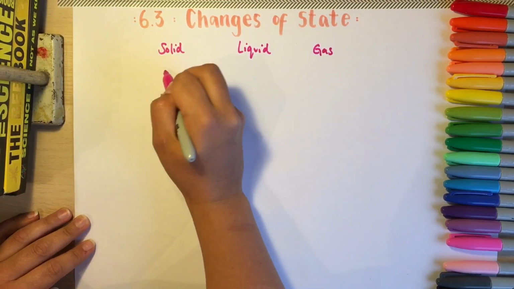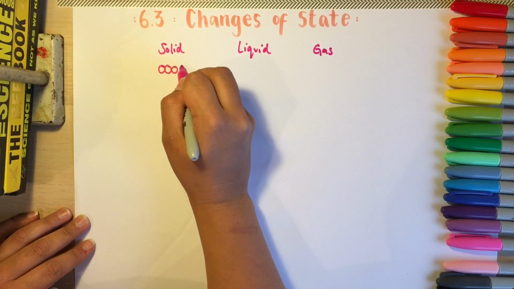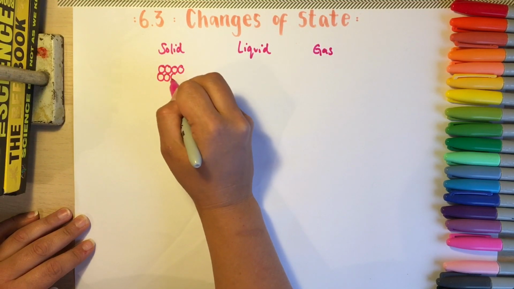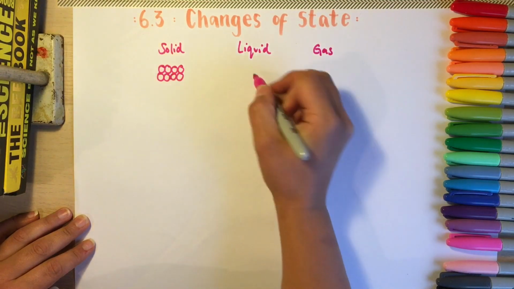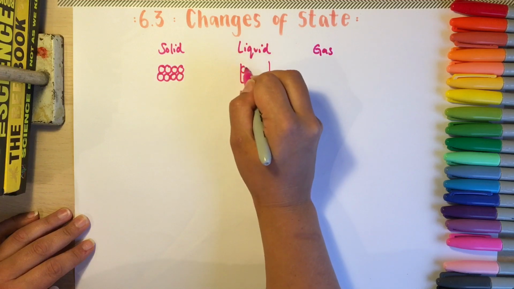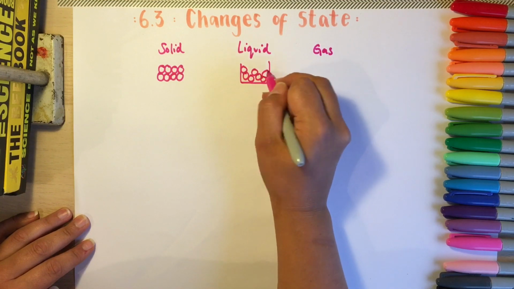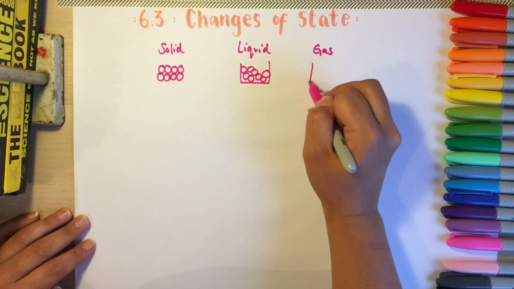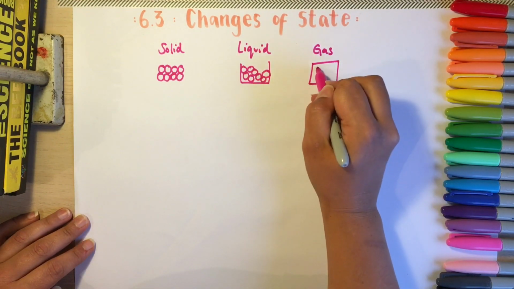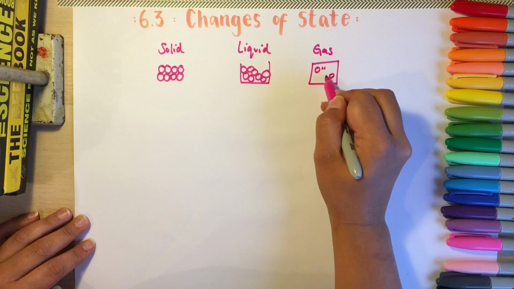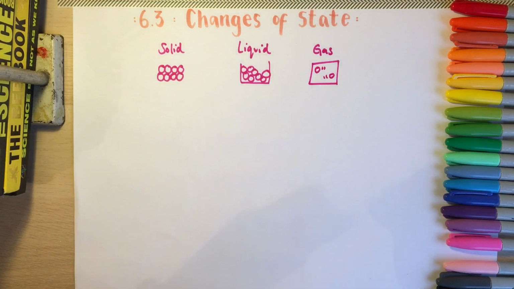Okay, you need to be able to draw the particle diagrams if we remember from last week. So solids being close together and touching, liquids being very close together but not in any kind of order, and then gases usually just one or two particles that are moving very quickly.